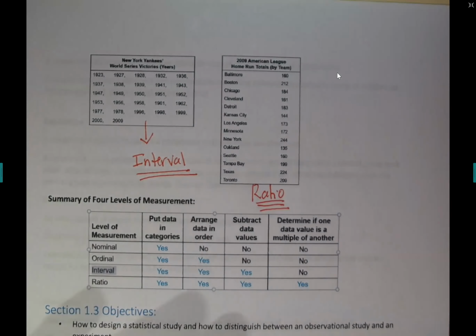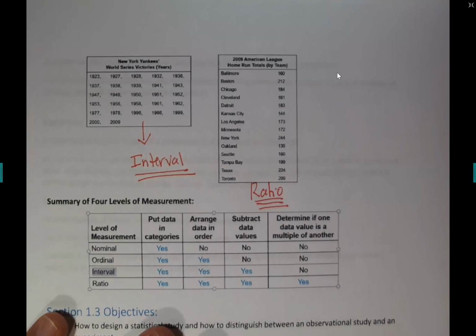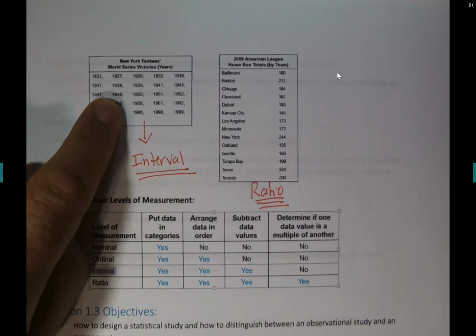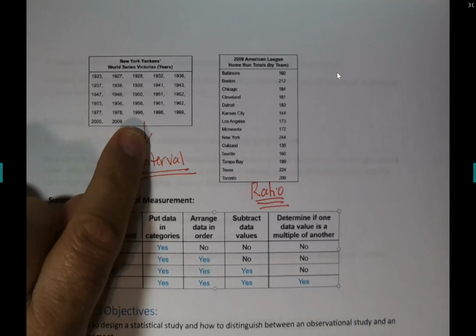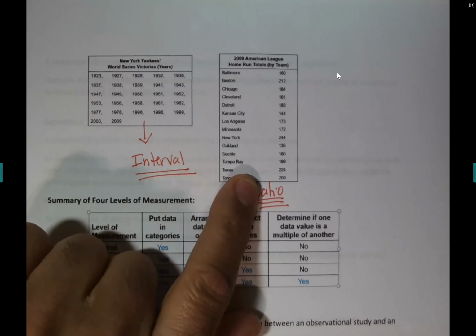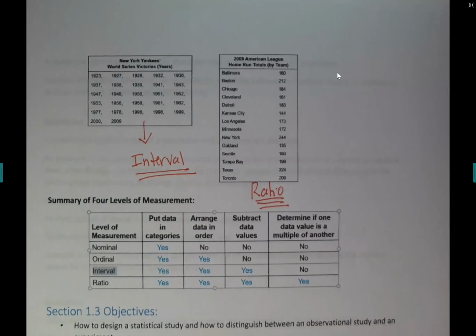So interval is a number where zero means something. Ratio is a number where zero means nothing. Like if Baltimore has 0 home runs, that means they have no home runs at all. The zero is the big deal here. At the interval level, there are not too many examples, guys, whereas for ratio, most of the data fall under ratio.